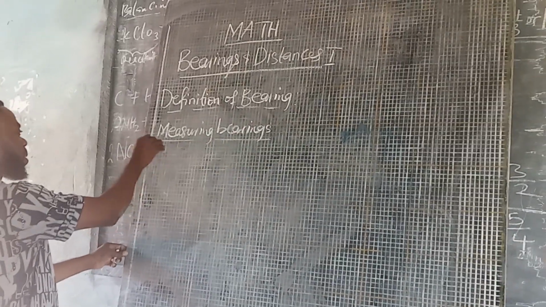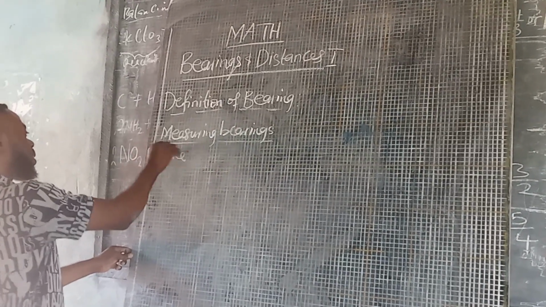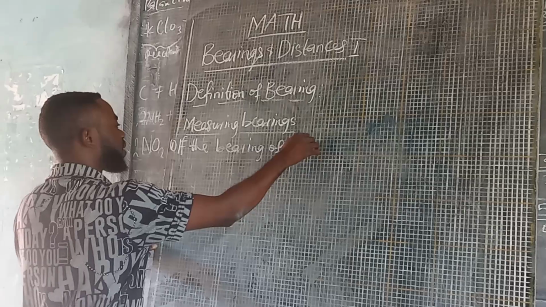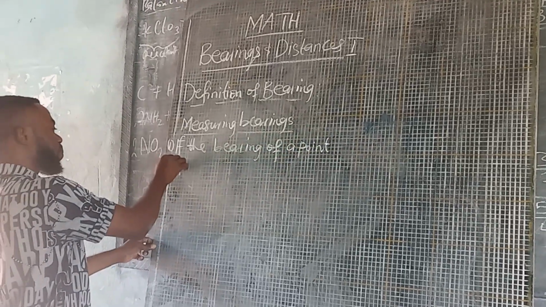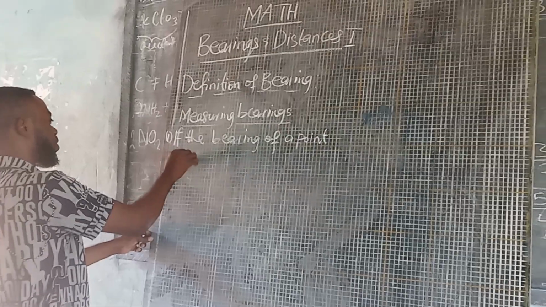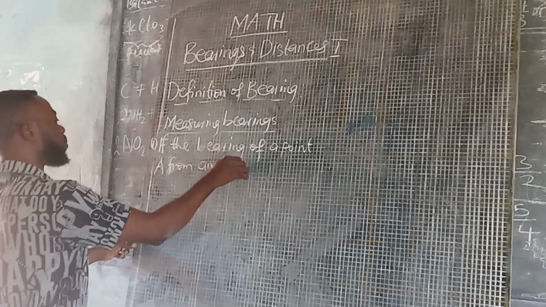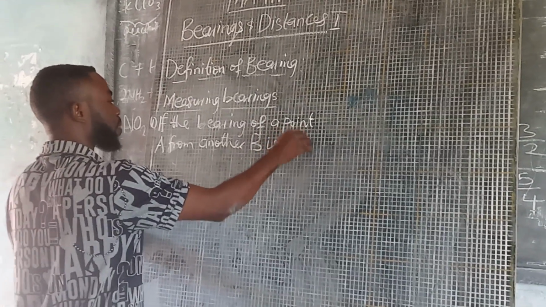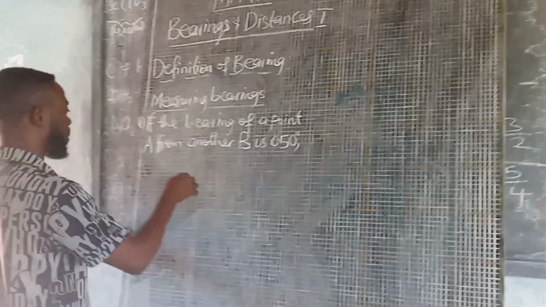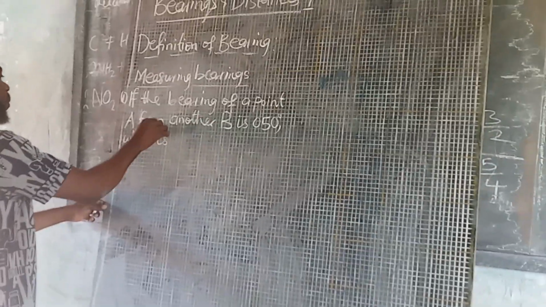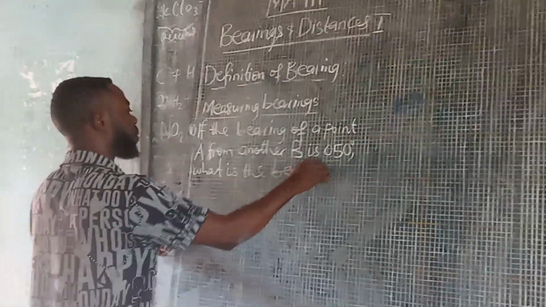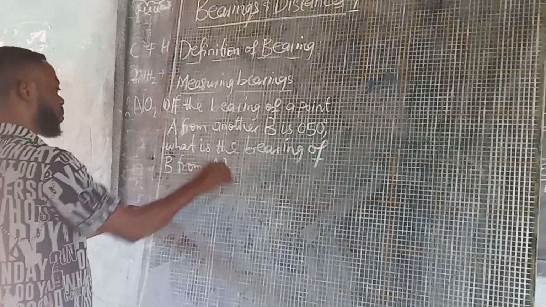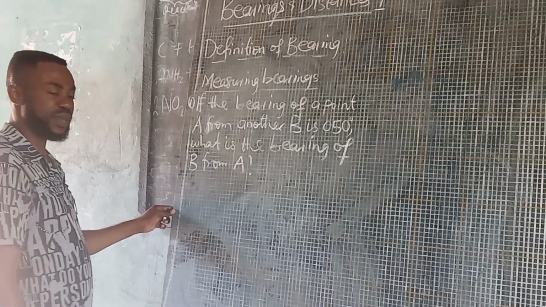For example, if the bearing of a point A from another point B is 50 degrees, what is the bearing of B from A?